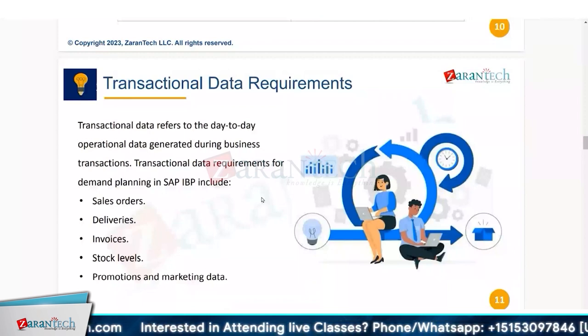Whenever this kind of change takes place in your manufacturing or supply chain organization, you have to go back and update your master data. So that's the reason you have to have a periodic timetable defined for updating the master data.